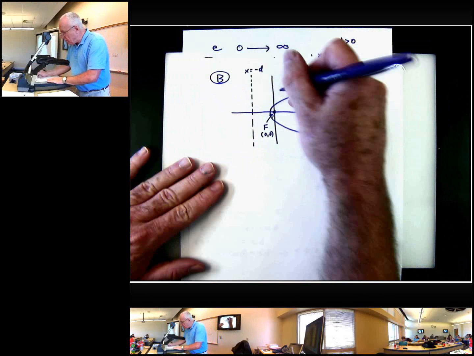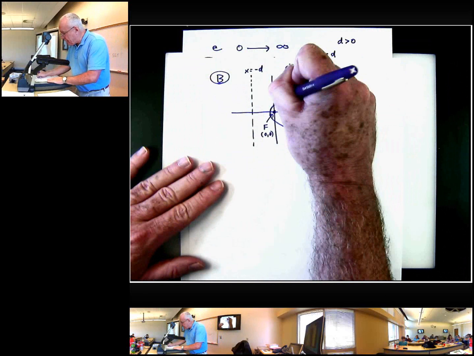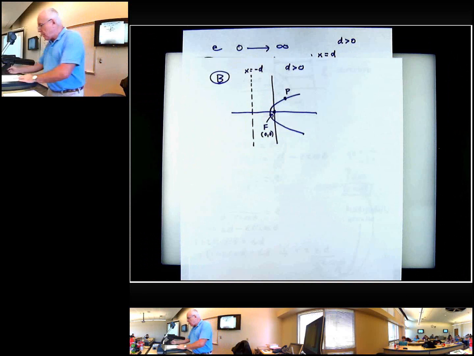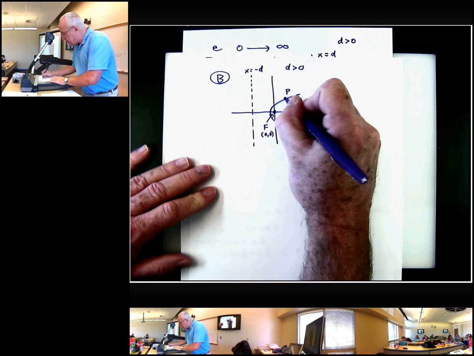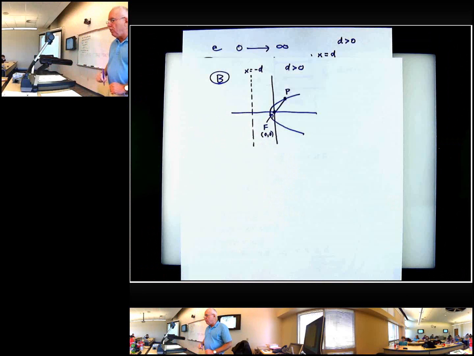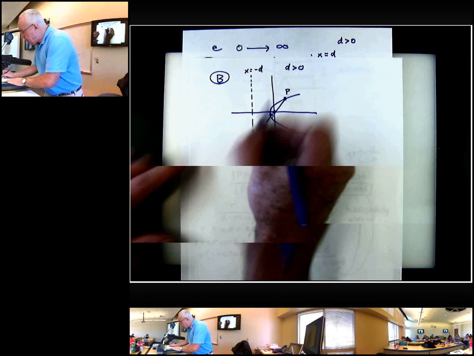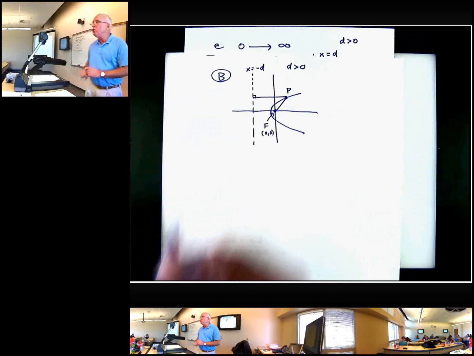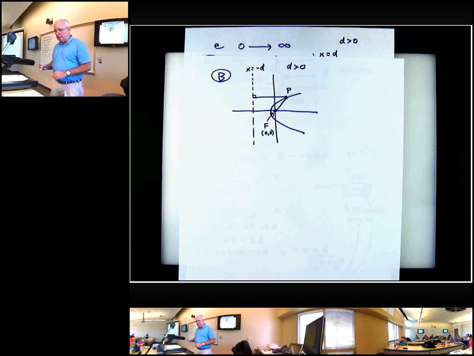Now again, we're going to apply that theorem. We take any point here on the conic section, and we look at the distance it has to the focus, and the distance it has to the vertical line, the directrix.